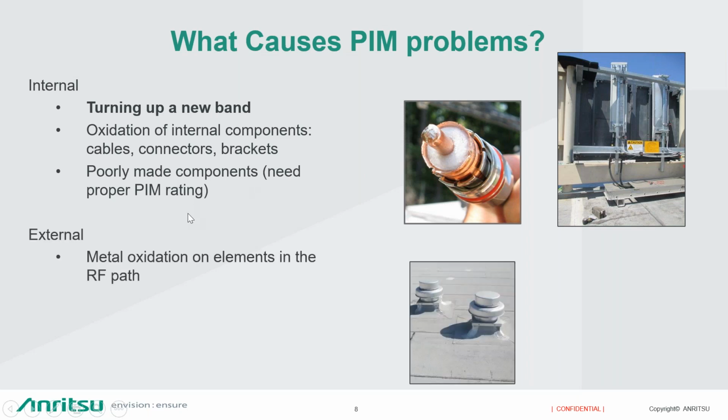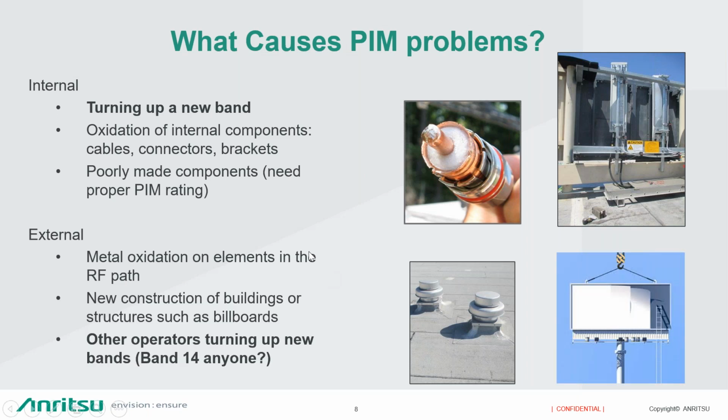Some of the external factors: you can get metal oxidation on elements in the RF path externally. So things on the rooftop, any kind of metal that starts to oxidize on the rooftop or in the path of the cell tower. You've got new construction. Somebody puts up a billboard, somebody puts up some weird structure, and now you've got something in the RF path that you didn't have before.